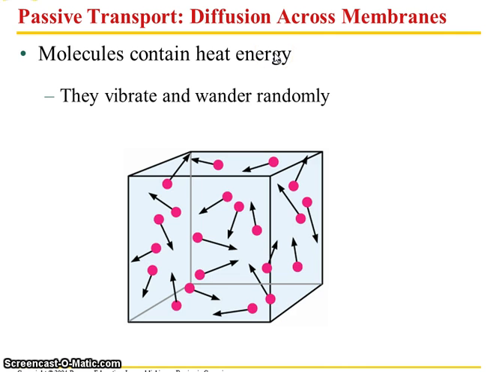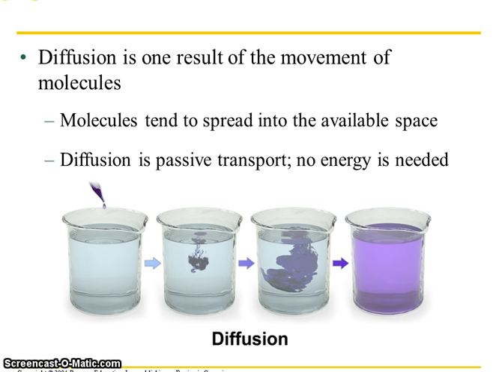And this is going to be based on thermodynamics. So remember, molecules, they have heat, they're moving. They move around randomly. Remember entropy? So they want to spread out. And by moving around randomly, that's the best way to do it. So as they wander, they spread out.